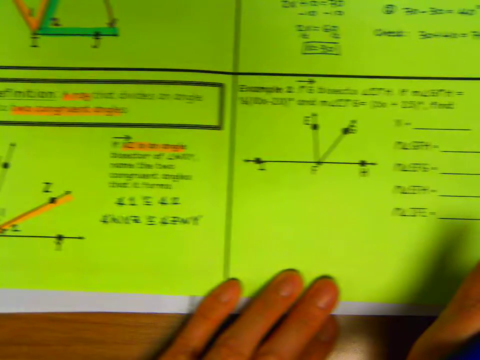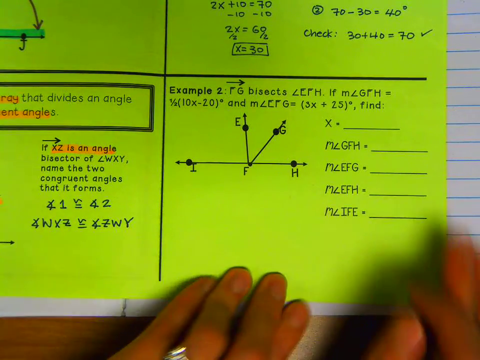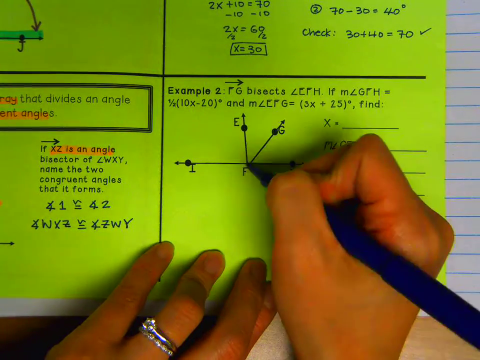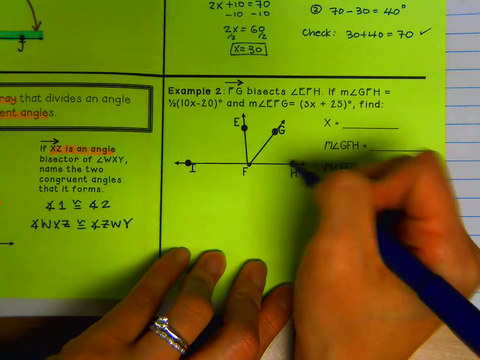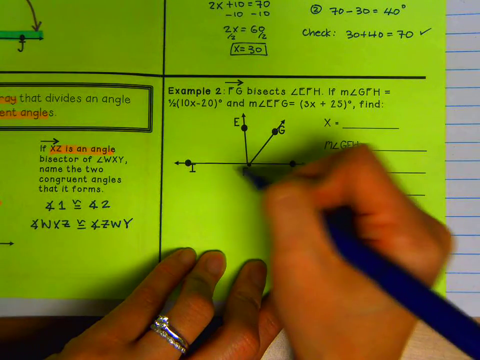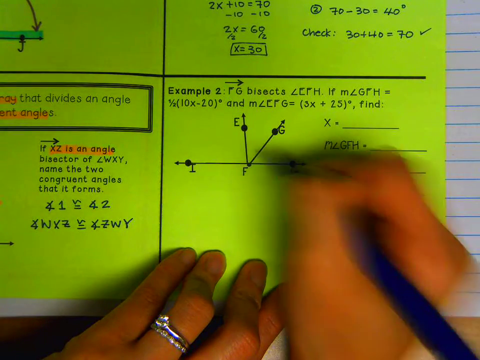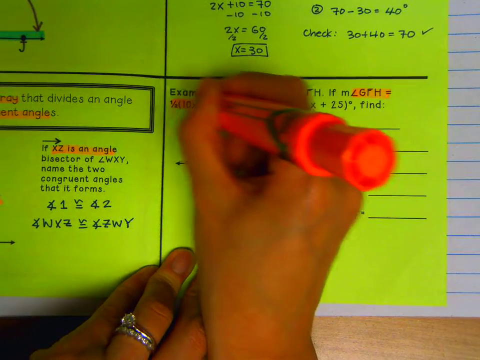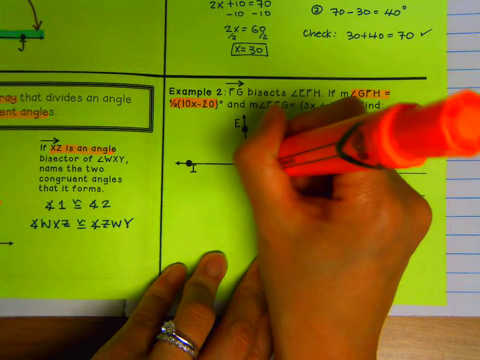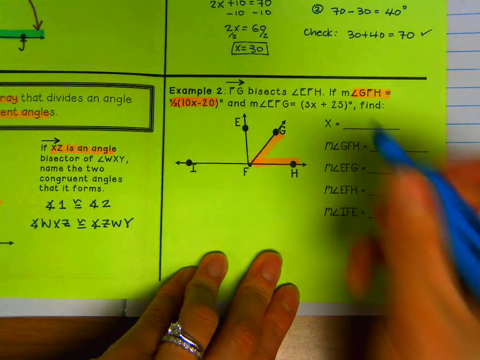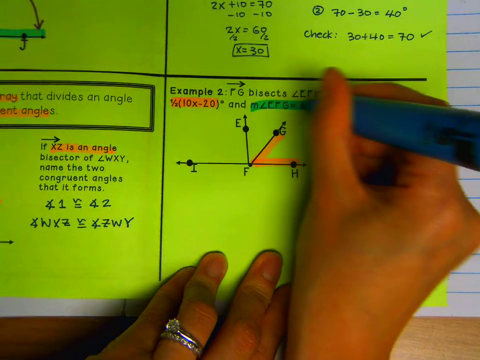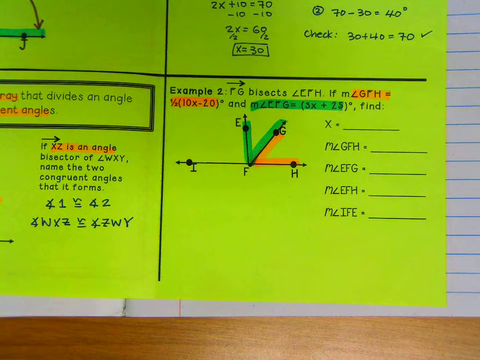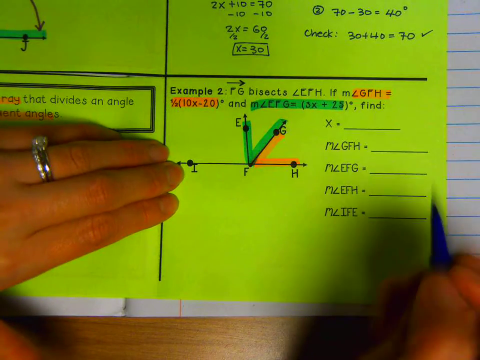Alrighty. On the left-hand side, we can look at the examples. Ray FG bisects angle EFH. So we're talking about this angle. We cannot assume this is a right angle or anything because I don't see the box, so we don't know how many degrees are in here. Take a look at the expressions. Angle GFH is one half of 10x minus 20; we're talking about the bottom. Then EFG is 3x plus 25.